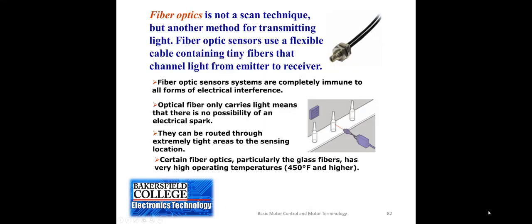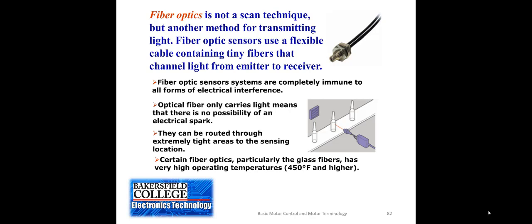We can use fiber optics if we wanted to have the emitter and the detector in the sensor located away from the device being measured. Maybe it's really hot in there. It could be corrosive. It could have dangerous chemicals.